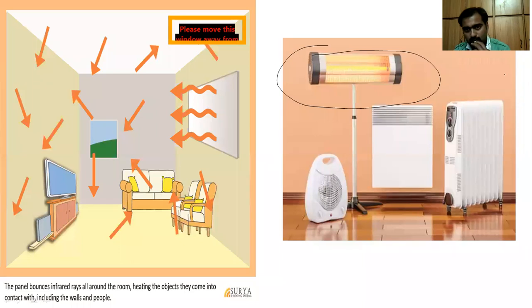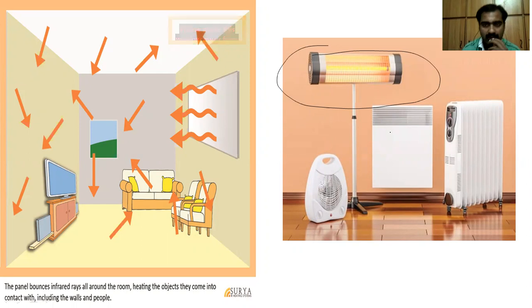The heat is going to be transferred to the surfaces or the space which is required to be heated. So there we are going to feel the warmness or the heat of the light. This is another way of producing heat.